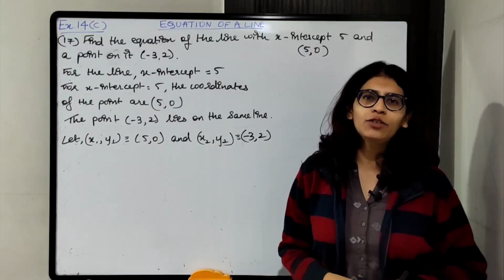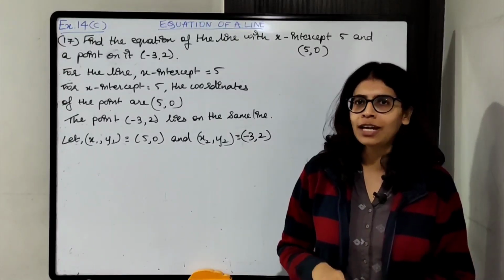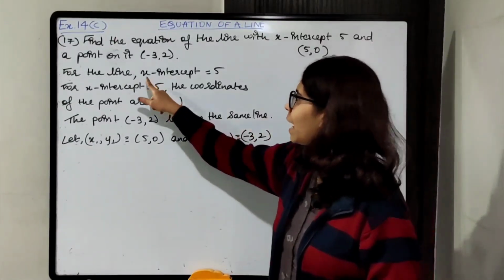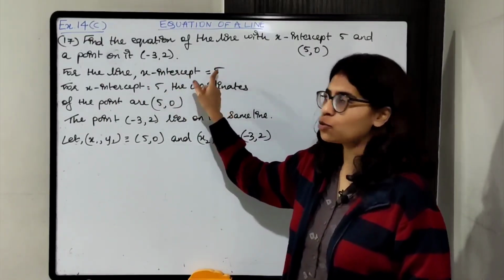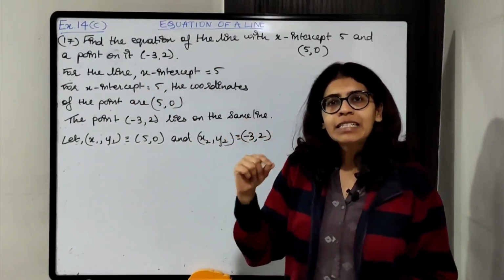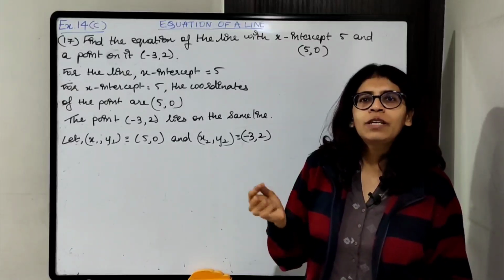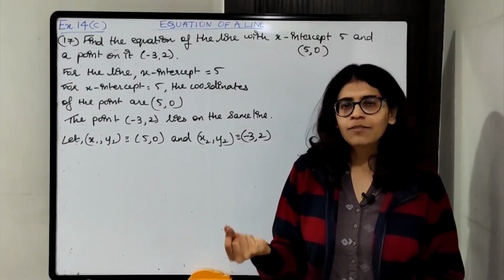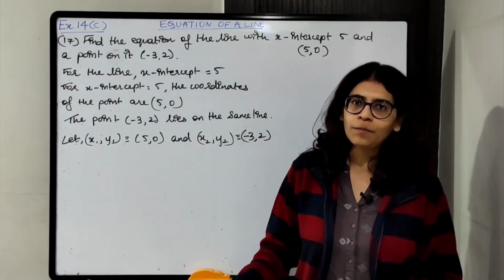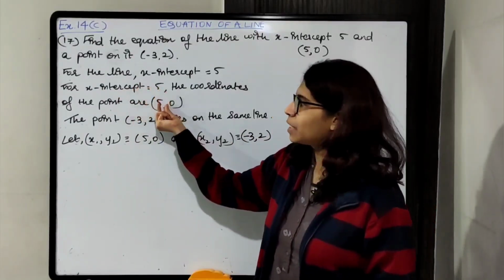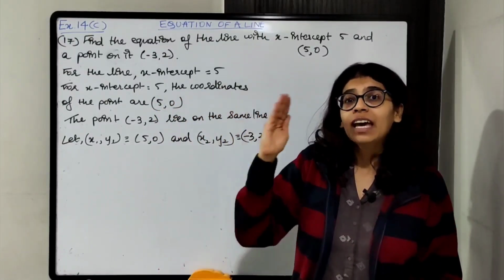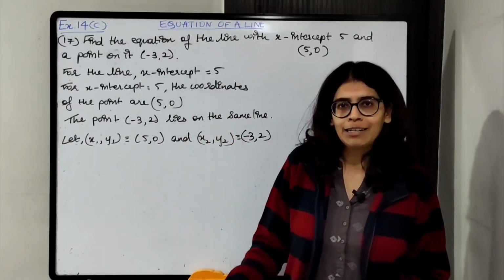So first thing that we'll do is write down the given information and add a few statements. So for the line, we are given that x-intercept is 5. So write that down. Since x-intercept is 5, the coordinates will be 5, 0. X-intercept means x-coordinate हो जाएगा. And y-intercept मतलब y-coordinate हो जाएगा. So x-intercept में x-coordinate will be 5 and y-coordinate will be 0 because x-axis पे point lie कर रहा है.